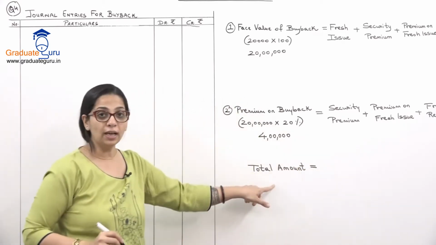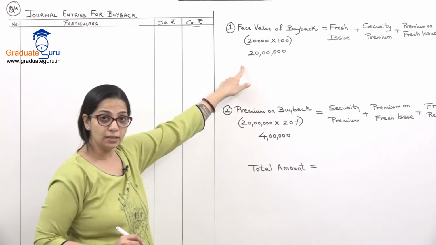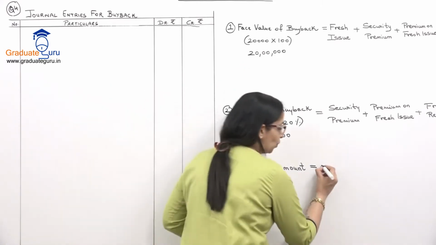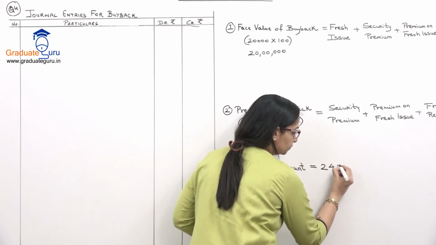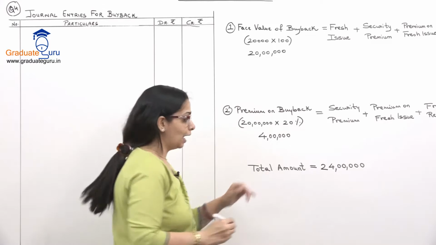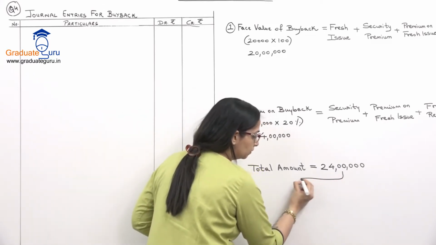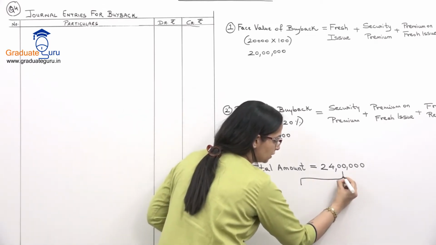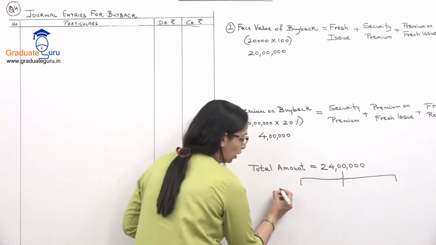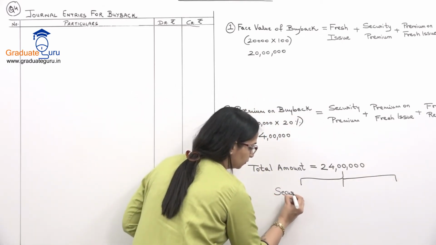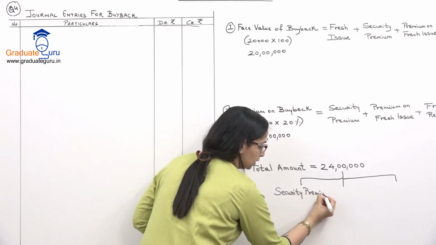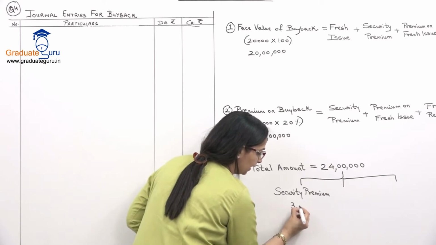My total amount is 20 lakhs plus 4 lakhs of premium, so that is 24 lakhs. Now let's split it into parts, because I have security premium with me. Security premium is given as 3 lakhs.